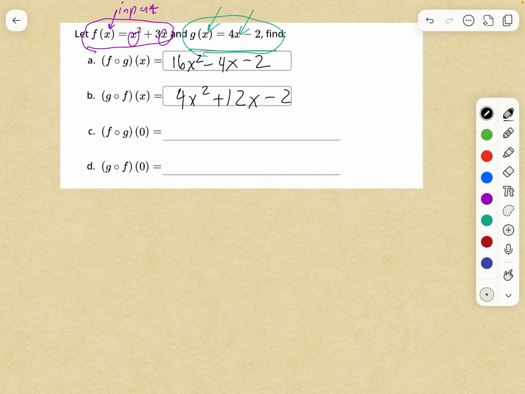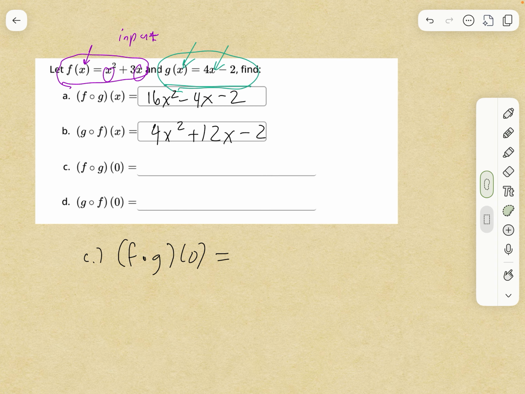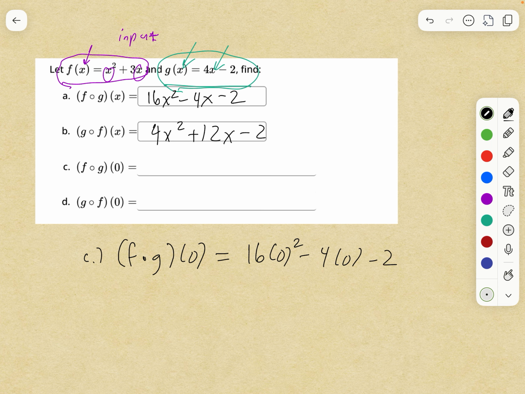So for part C, we just plug x equals 0 into our f of g function, which we found in A. We take this 16x squared minus 4x minus 2 and then plug in 0. So that gives you 16 times 0 squared minus 4 times 0 minus 2. And that gives negative 2. So f of g of 0 is negative 2.